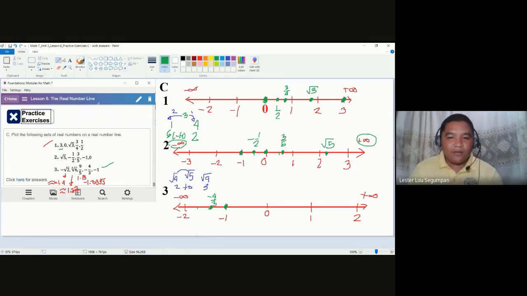Next value is approximately -1.4, the negative square root of 2, but it should be lesser. So it's somewhere lesser here, 1.4. So this is the value for negative square root of 2. Again, they are closer to each other. That's why we use larger scales or range of the values.